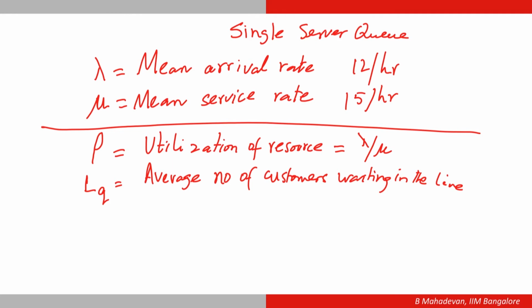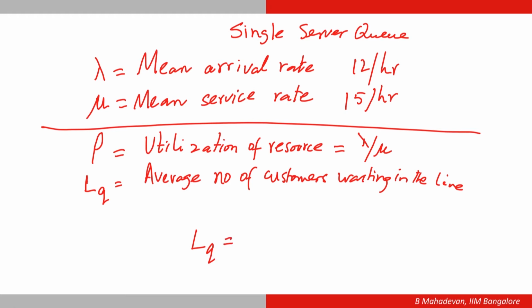What we will do now, I will write a formula. Let us not worry too much how the formula came, but we will worry about what this formula is trying to tell us. I think that is more important to us. So, for this single server queue, if I have to calculate the queue length, the formula will go like this.